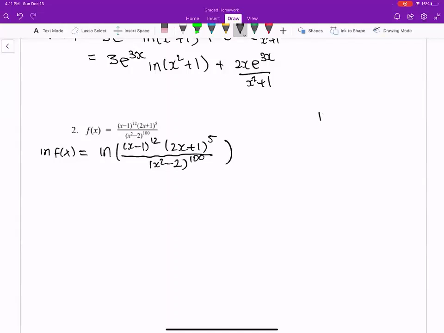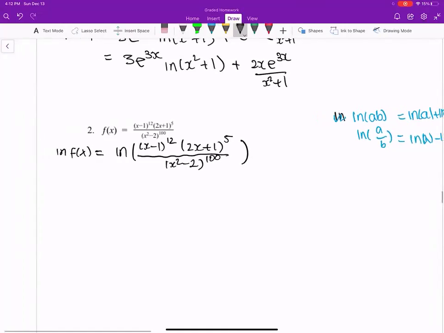Now, remember our ln properties, in case you didn't know. Ln of a times b equals ln a plus ln b. Ln of a over b equals ln a minus ln b. So let's apply that idea here.